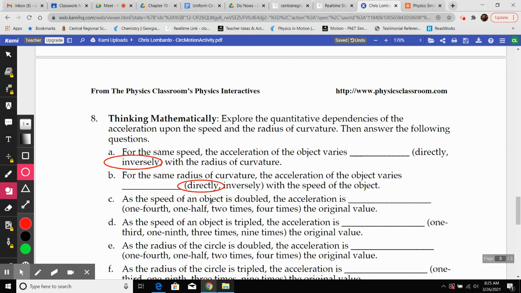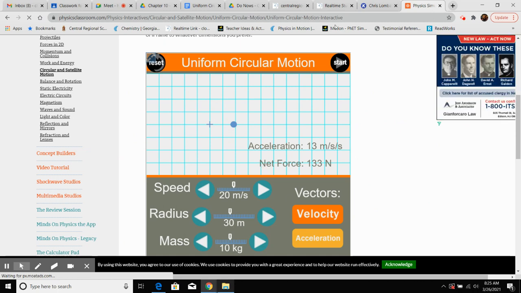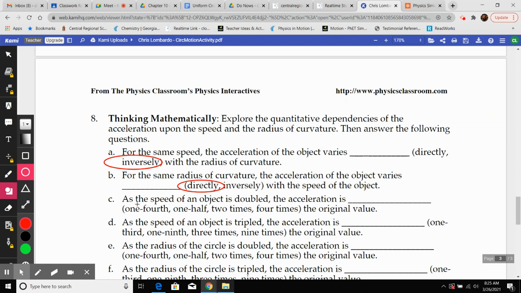Now, as the speed of an object is doubled, the acceleration does what? Is it 1/4, 1/2, 2 times, or 4 times the original value? The original value here is 13 meters per second squared. They're asking us, as the speed is doubled, what happens to the acceleration?